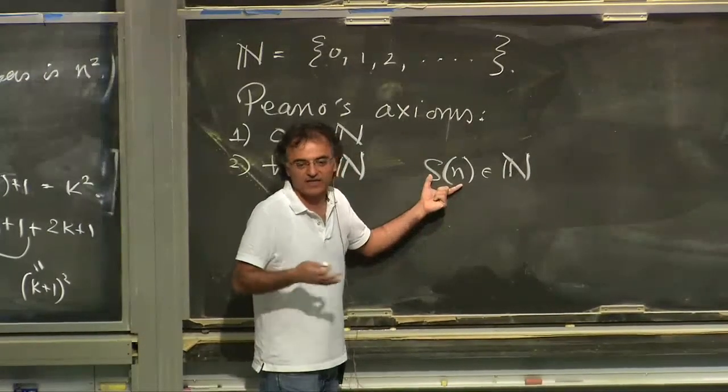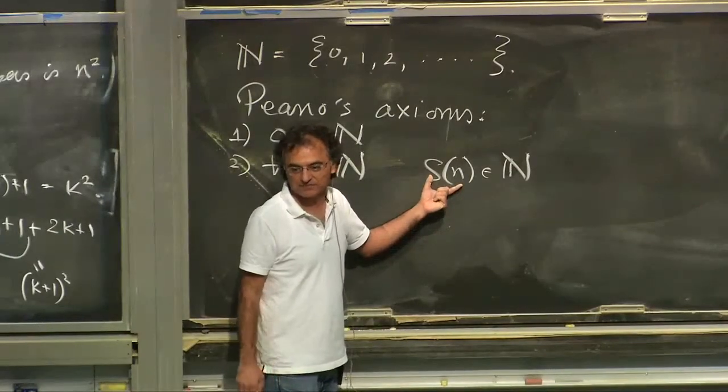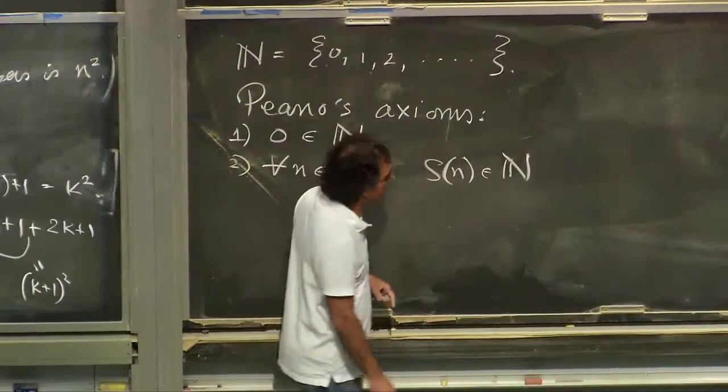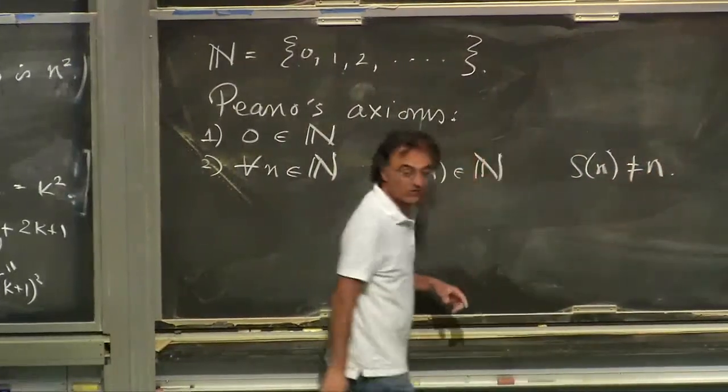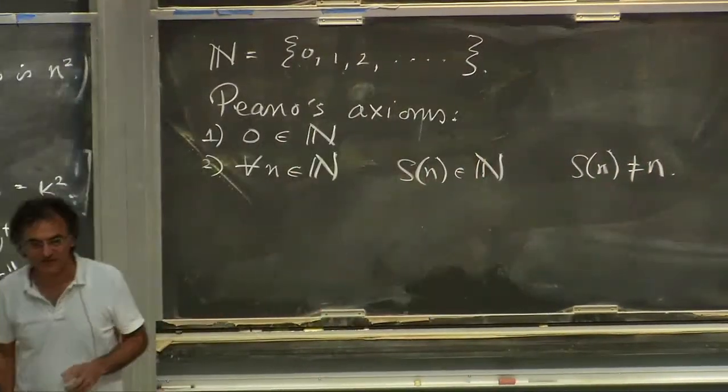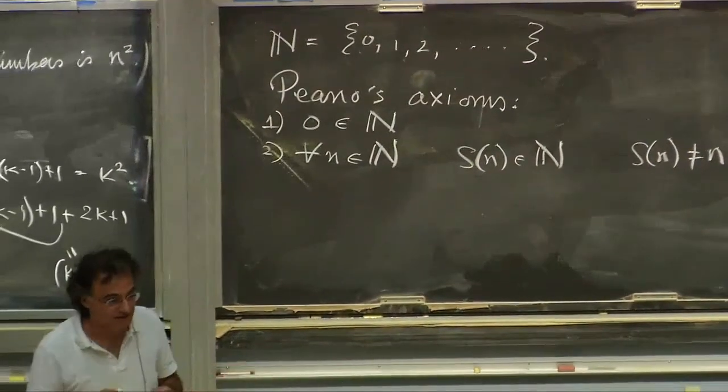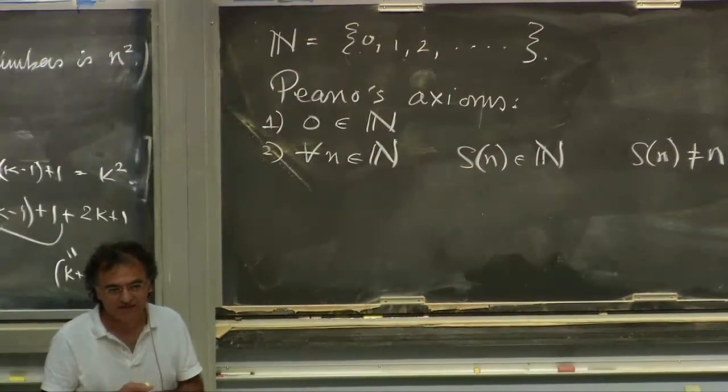Okay? S of n is a natural number, not equal to n. Right? S of n is not equal to n. It's a distinct number. Okay?